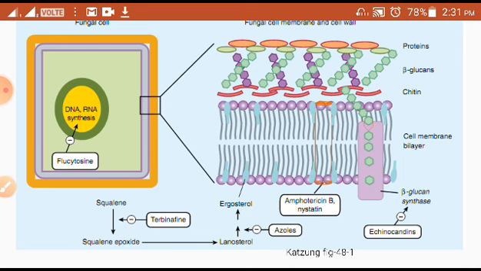Ergosterol takes part in the development of the cell wall of the fungi. Here you can see Amphotericin B and nystatin inhibiting the incorporation of the ergosterol. Azoles also play a role in converting lanosterol into ergosterol. Even terbinafine, which you will see in the next slide, blocks the conversion of squalene into squalene epoxide. So just remember this diagram, which will help you understand the mechanism.